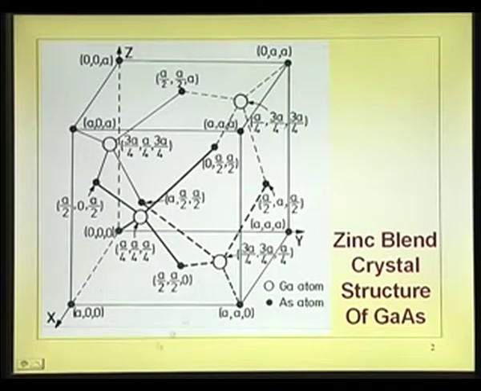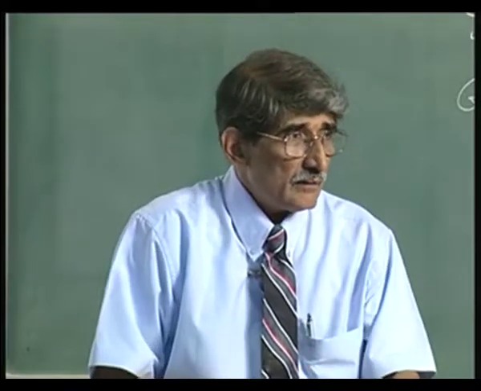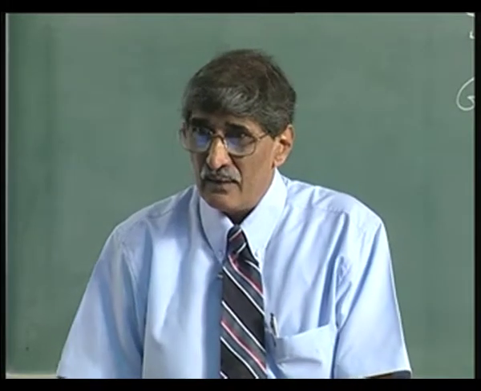The location of them, you can see I have marked the coordinates here. This is the center of coordinates, and from there you move a by 4 in x direction and a by 4 in y direction, and somewhere there is the atom. Similarly there are other atoms at a by 4 with respect to the corner.